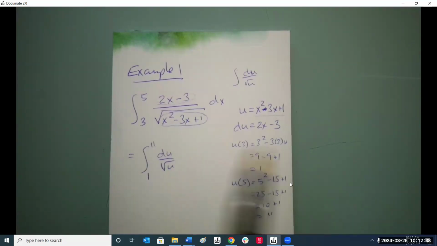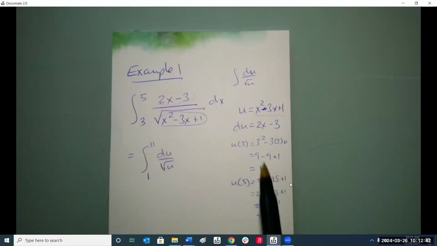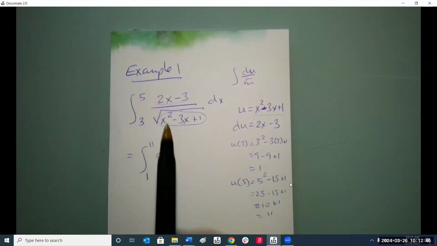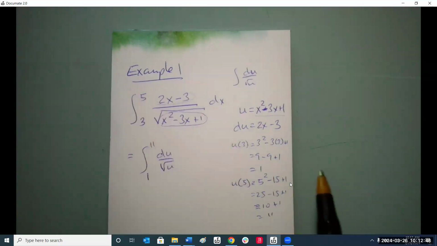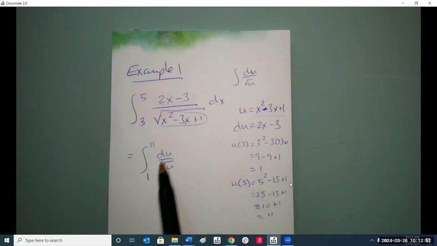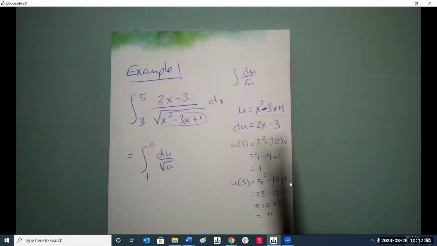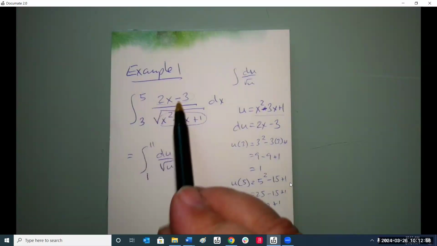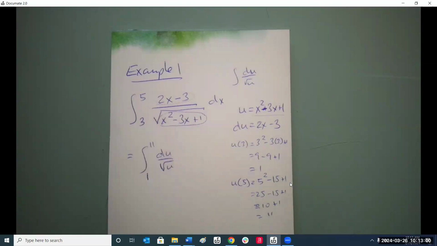All right, so now we can just keep it in functions of u. If we were going to do it with x, then we'd have to use the bounds 3 to 5. But now we're going to do it only with respect to du, so we have to transform the bounds from x to u.